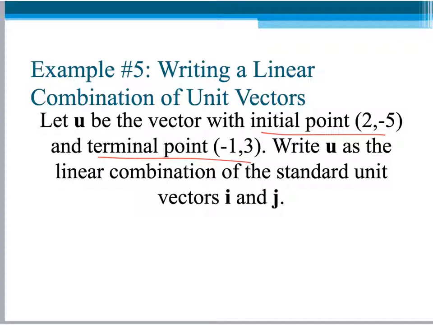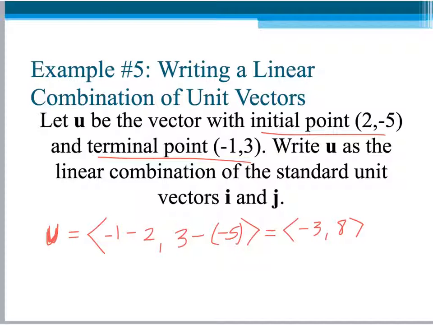Remember, for the component form, you do the terminal point minus the initial point. So the component form for vector u is -1 minus 2 and 3 minus -5. That's going to give us in component form -3 and 8.